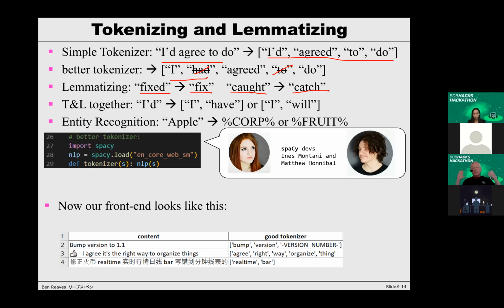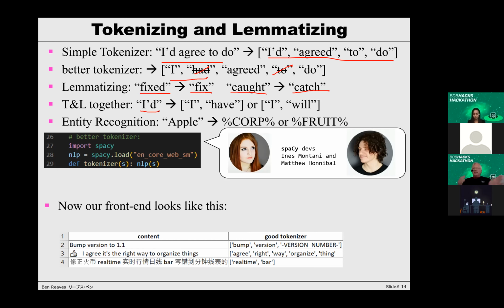And to do lemmatizing properly, you really need software that understands the details of the language, okay? You also really want to do tokenizing and lemmatizing together because, for example, I'd could be I had, or it could be I would. Both of those are I'd, right?